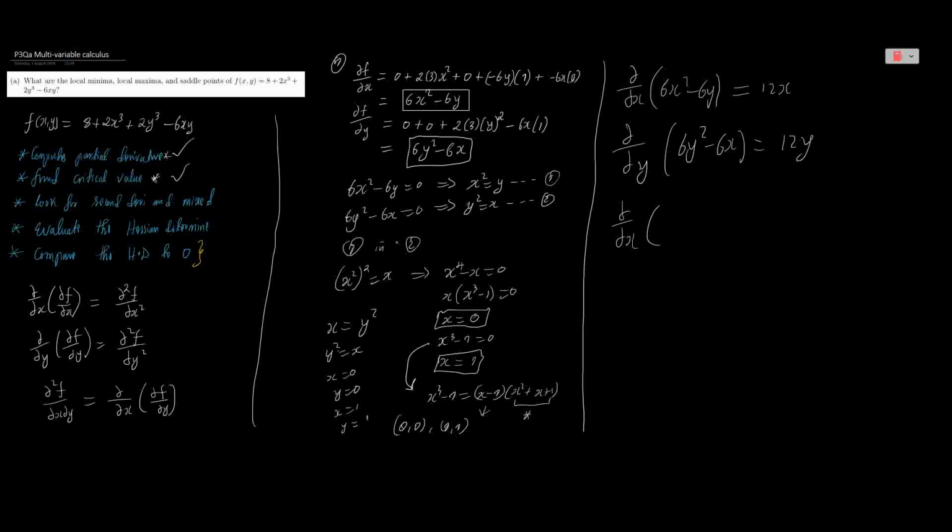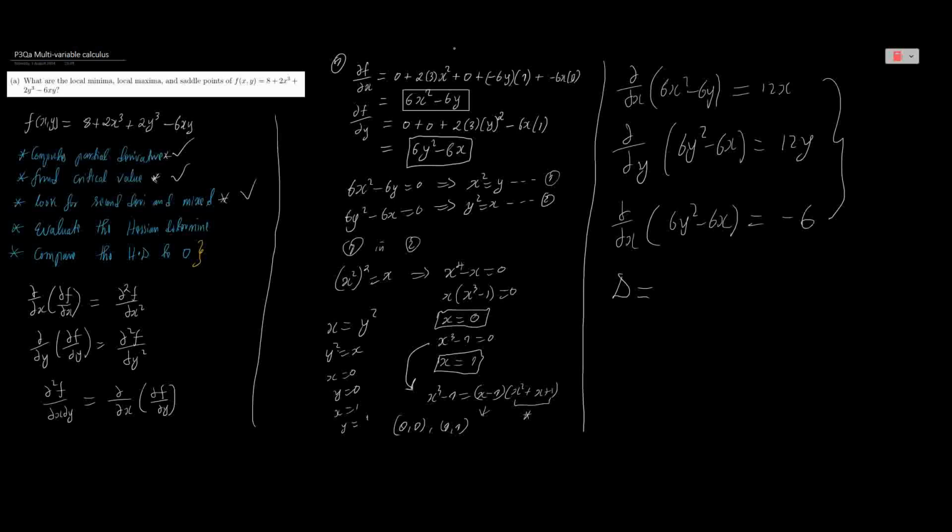We saw that the partial derivative in terms of y was 6y squared minus 6x, and this will simply be minus 6, right? So having this in mind is extremely important to calculate our next step. So looking for the second derivatives and the mixed derivative, we're done with that step. So the next one is to evaluate the Hessian determinant. So what's really the Hessian determinant?